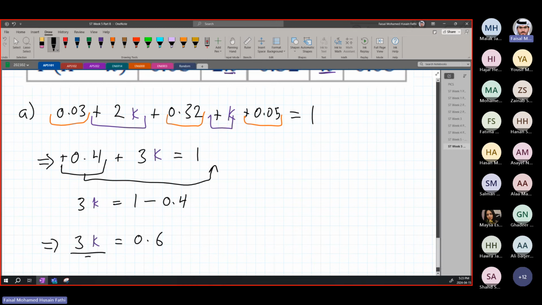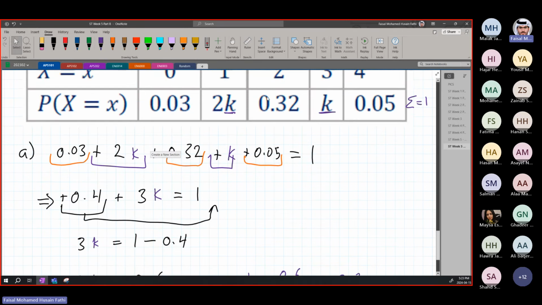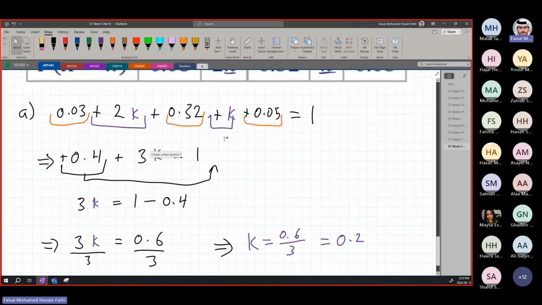Then you divide both sides by 3, and this gives us k equal to 0.6 divided by 3, which is 0.2. This is how you find your k value. You equate all of these to 1 because the sum of all the probabilities has to be 1, and then you solve for k.